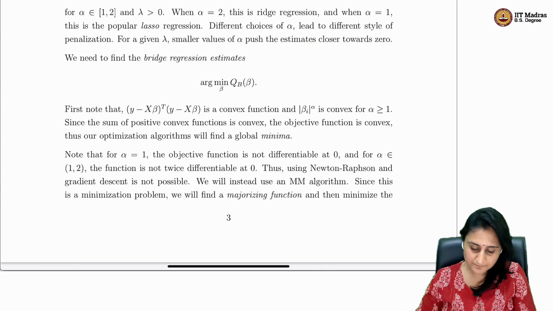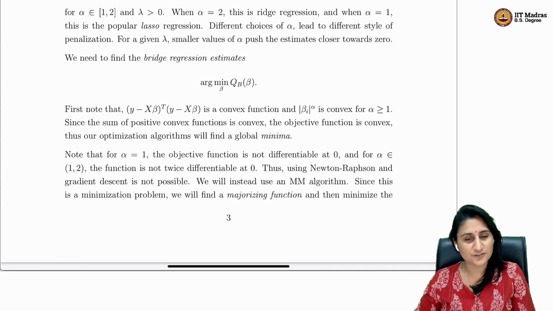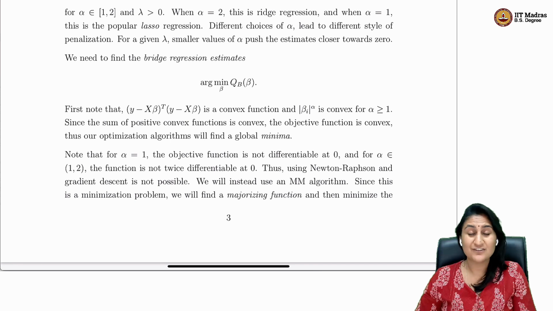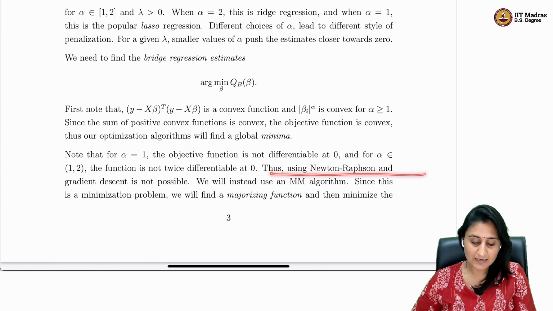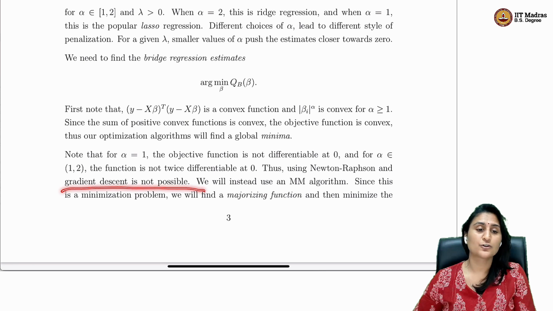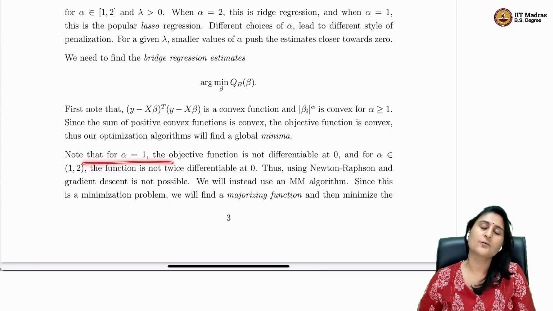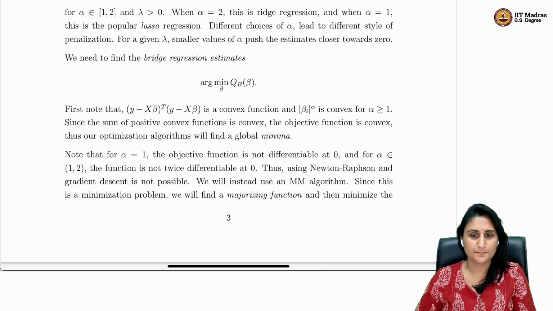And for alpha in (1, 2), the function is not twice differentiable at 0. So even if you could get the first derivative, you can't really get the second derivative. So using Newton-Raphson and even gradient descent here is not going to be possible in general if we're opening up to all values of alpha.